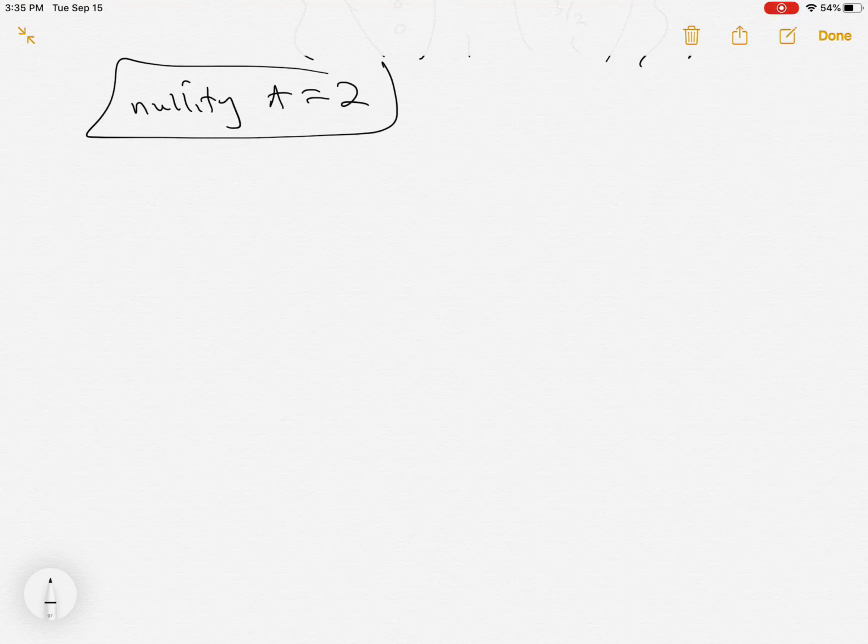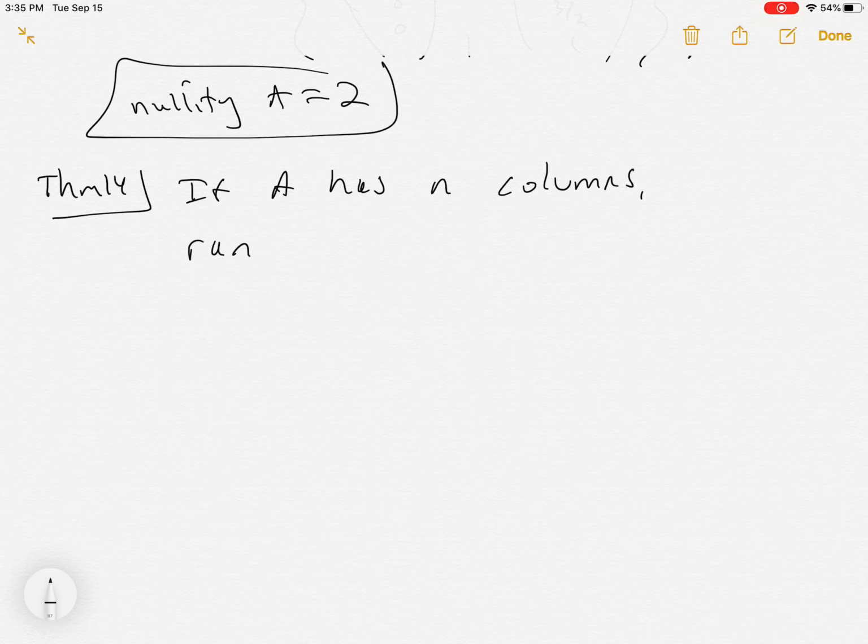So, theorem 14 from chapter 2. If a matrix A has n columns, then the rank of A plus the nullity of A equals n.